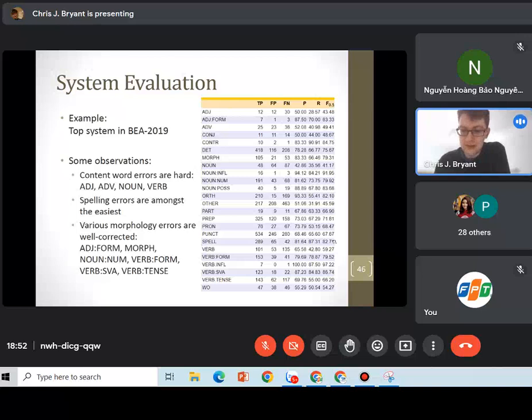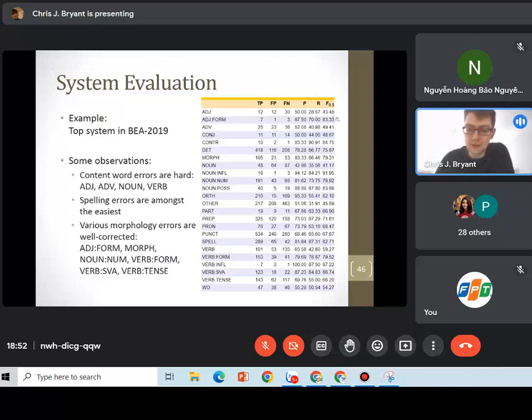In contrast, it does very well at spelling errors, as you would hopefully expect, and also in morphology errors. Tense was a little bit trickier, but subject-verb agreement performance is very high. Inflection is very high, but relatively rare. Verb form errors are also very high. Similarly, noun number errors are very good, and adjective form errors also very good.